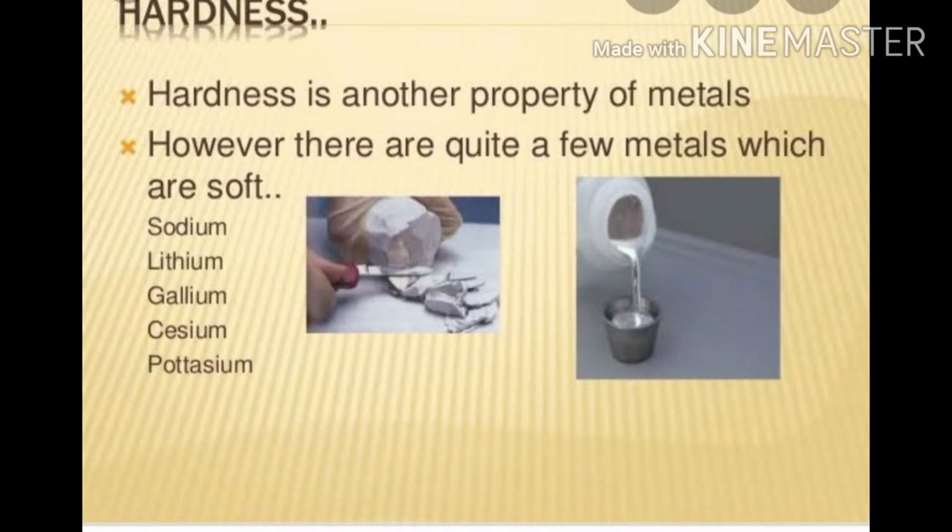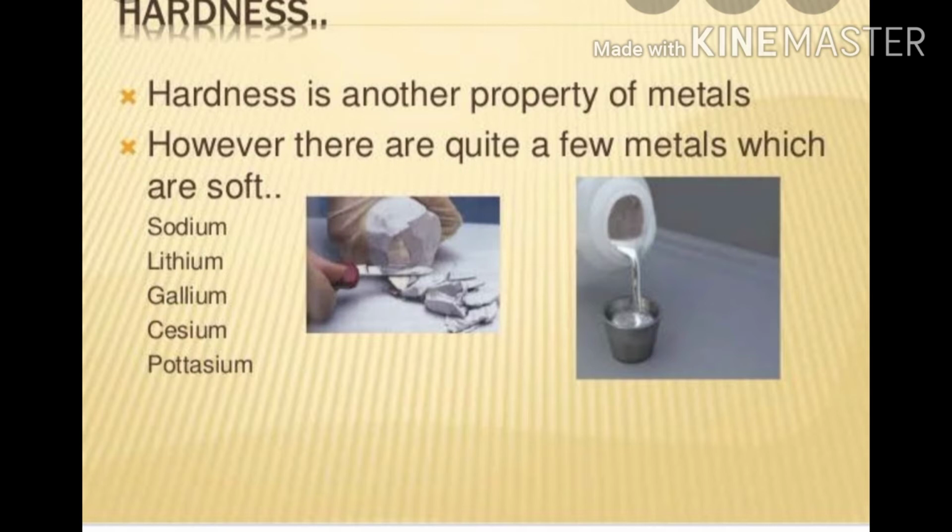Exceptions in metals: there are some metals which you will find are soft and can be easily cut with a knife. Alkali metals like lithium, sodium, potassium, etc., are so soft that they can be cut with a knife.